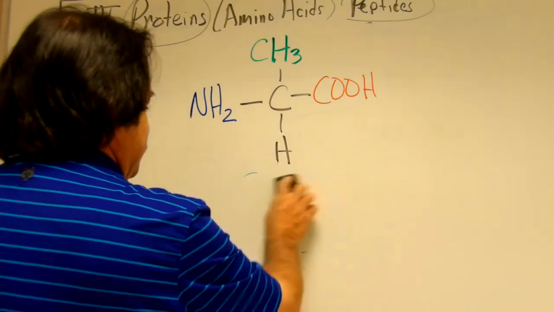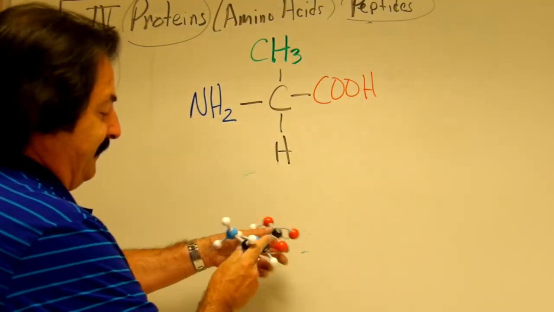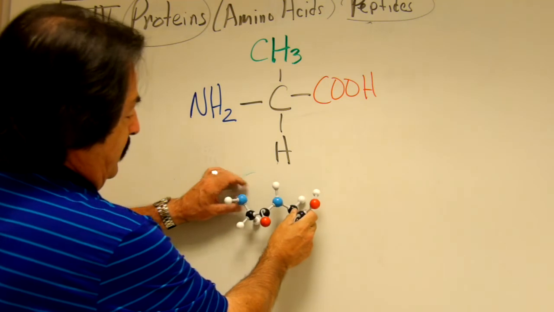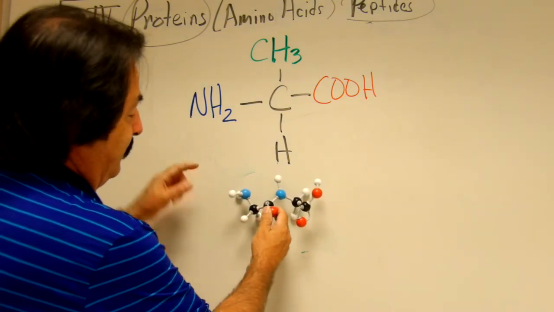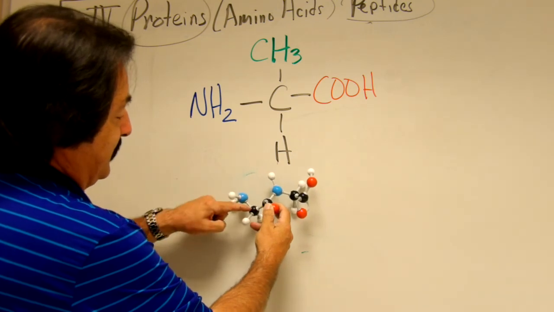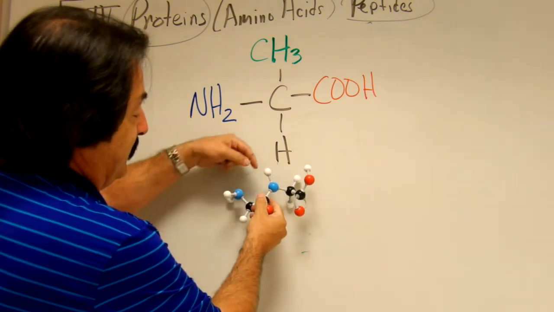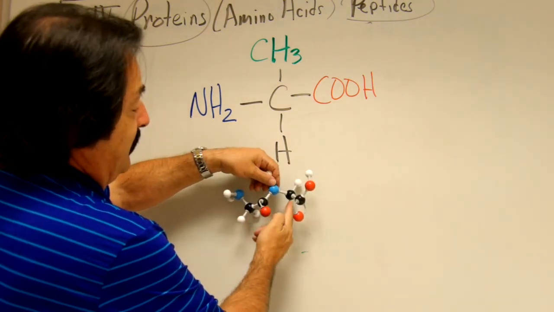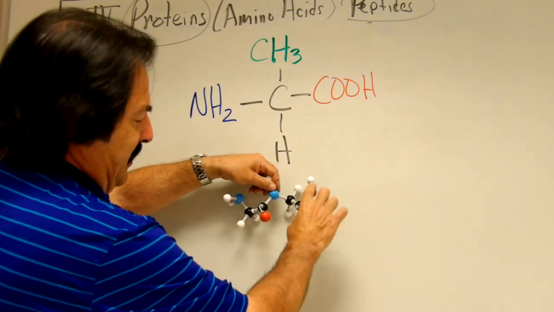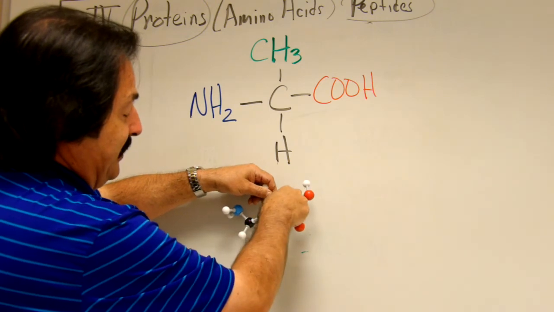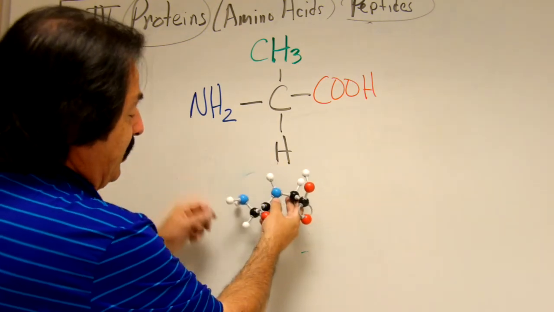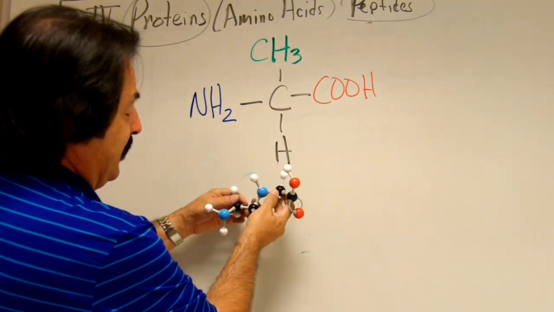If we were to ask you, identify this, what do you think this is? Let's go from left to right. An amine group, central carbon, acid group, another amine group, another central carbon, another acid group, another obligatory hydrogen, and a hydrogen in the R group. So we have 2 hydrogens in the R group.